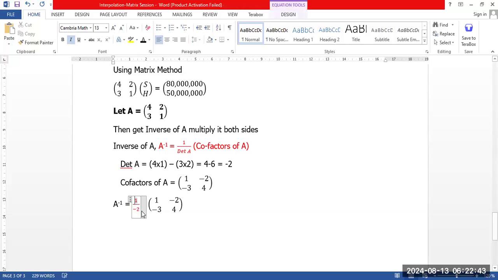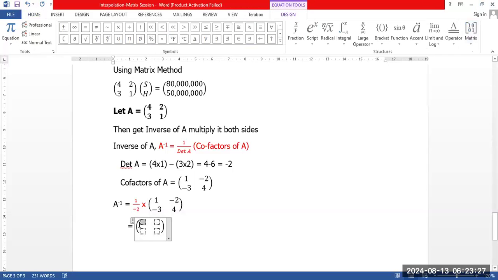This -1/2, you multiply to every figure in the bracket: -1/2 times 1, -1/2 times -3, -1/2 times -2, and -1/2 times 4, because we are trying to get the inverse of A. If you open the brackets, what do you get? A half times 1, what do you get? You get negative a half. That is -0.5.